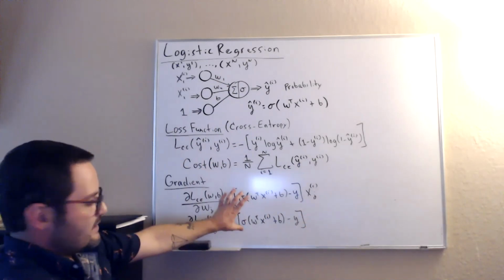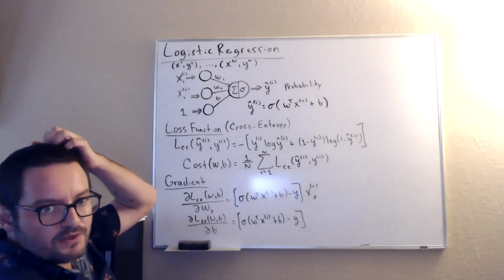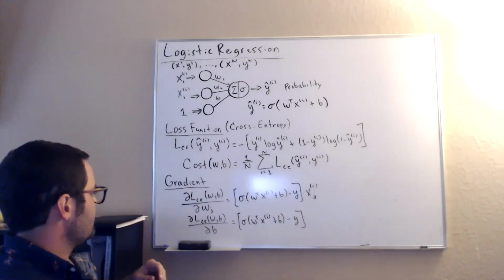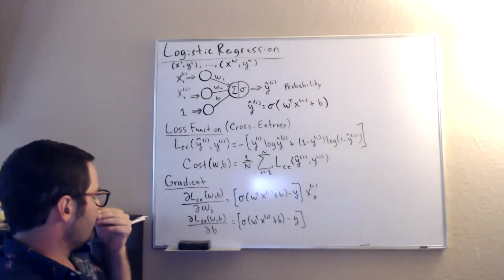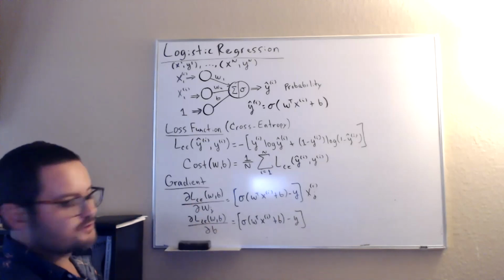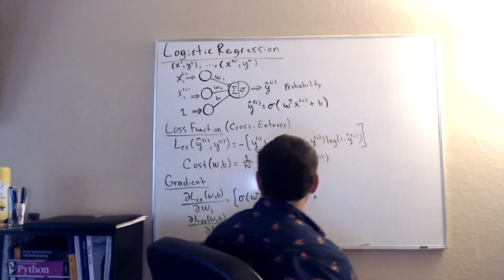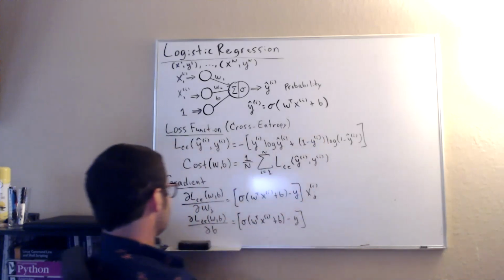Right, but that's for a single input i. So for the full gradient, for batch gradient descent, this is for a single input.